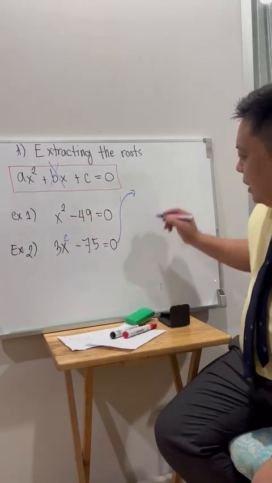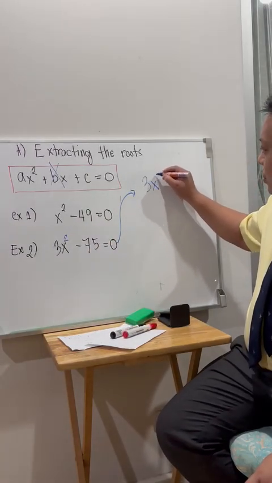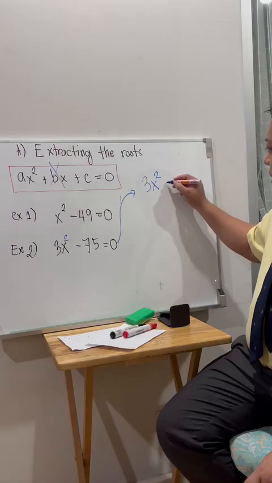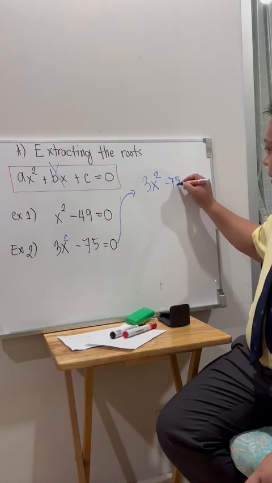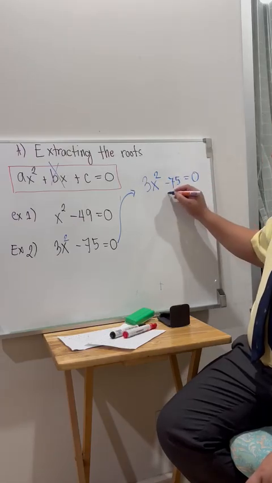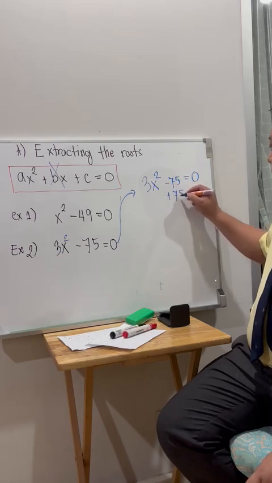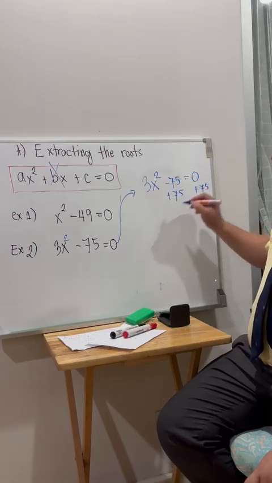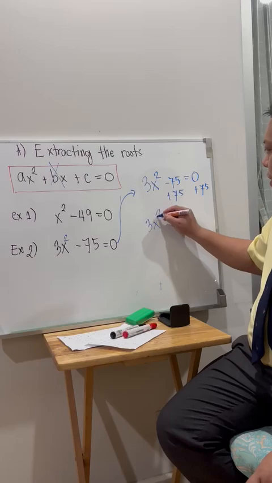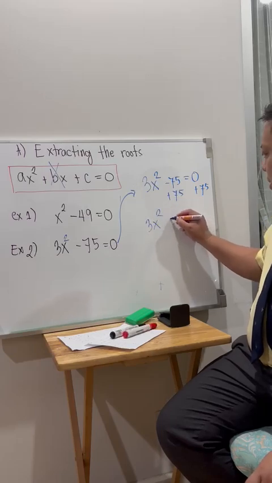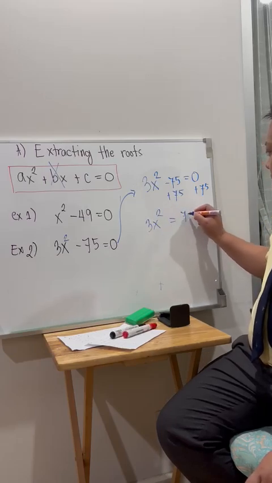By the way, this is squared. So 3x squared minus 75 is equal to 0. So adding 75 on both sides, we will have 3x squared is equal to 75.